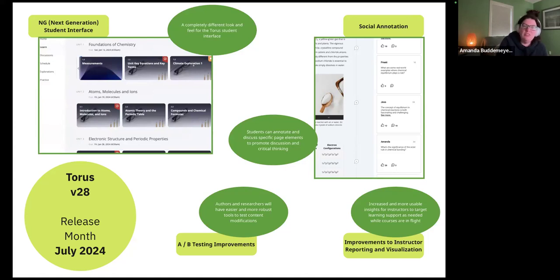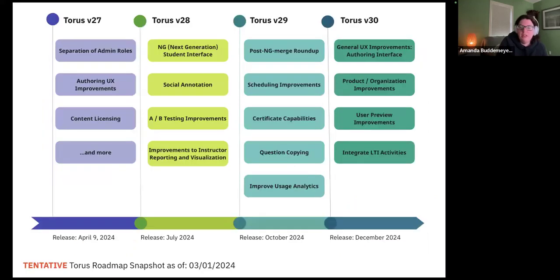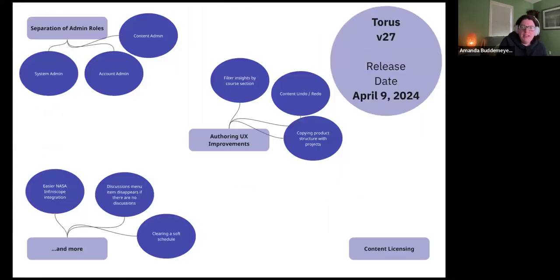In this version, given time constraints, I only have a slide for version 28 and version 27, but I will be adding more information about versions 29 and 30 as we move forward. The main thing I wanted to do is give you a quick overview of some of the things that have been built into version 27.